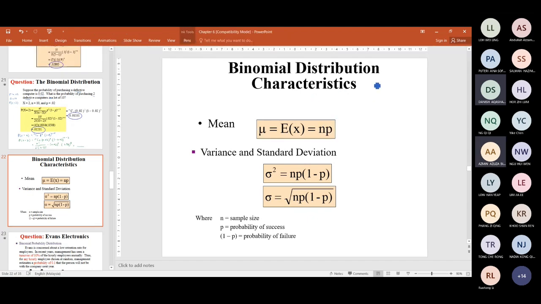For the binomial topic, you only have N, P, and X. N is the number of trials, P the probability, X is what you want to find, for example the success, the defective event. To find the mean is just N times P. To find the standard deviation is the square root of NPQ, where Q is 1 minus P. It's the same, P times 1 minus P. So to get the standard deviation, you just square root.